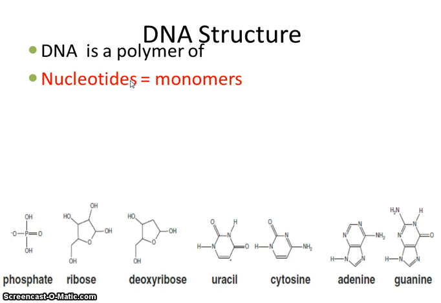Now, it's not quite as simple as that, because actually each nucleotide contains three components, and those three components attach together to form a single entity known as a nucleotide, and it's very important that you know what those three components are. Luckily, there's information on the datasheet to help you.